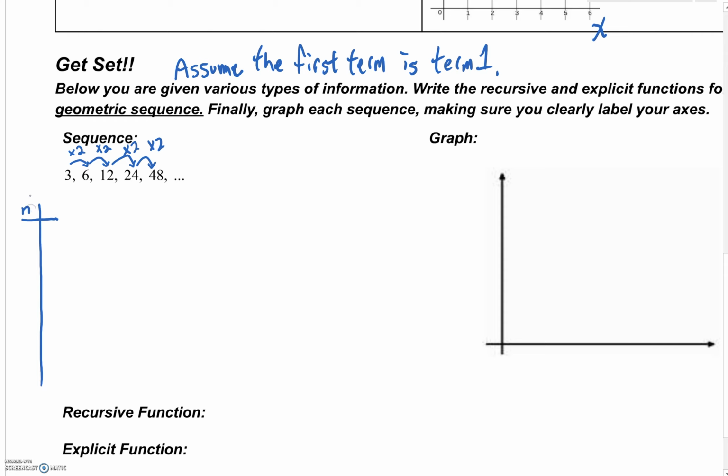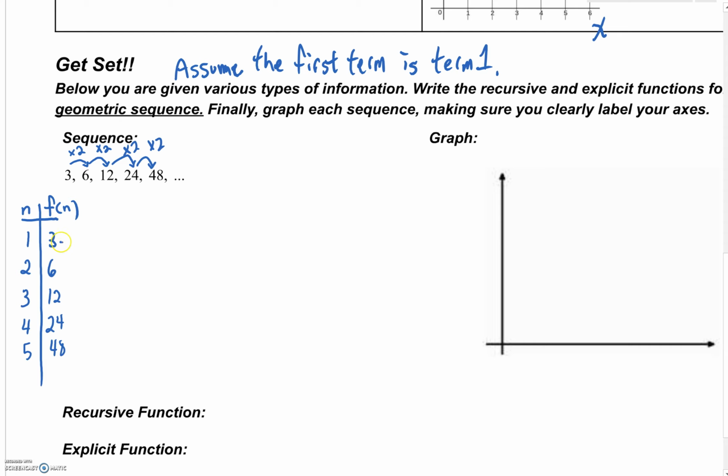I'm going to say n is the number of my term, my input, and then we could have f of n, which would be our output. We'll say our first term was a 3. Our second term is a 6. Our third term is a 12. Our fourth term is going to be 24. You get the idea. Our fifth term is going to be 48.